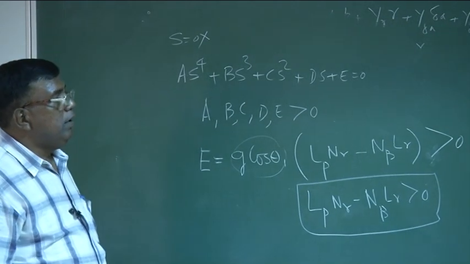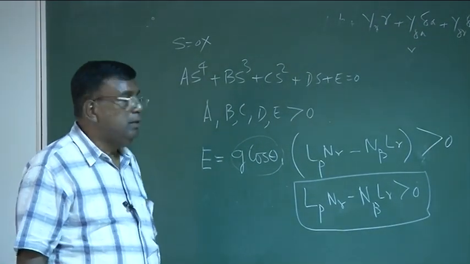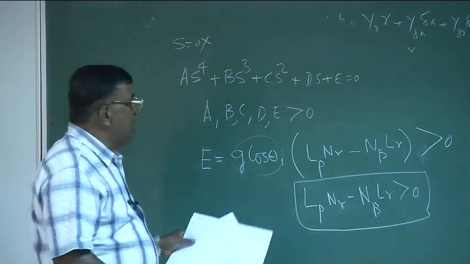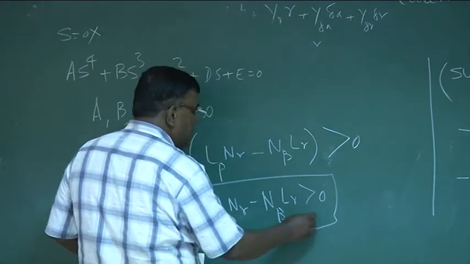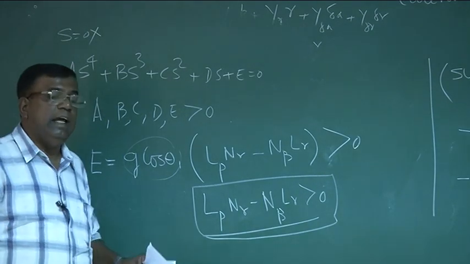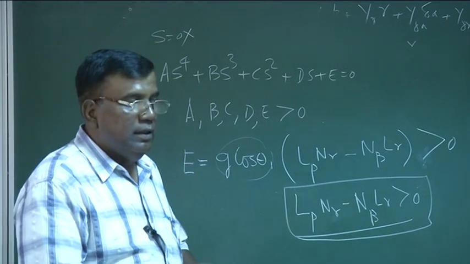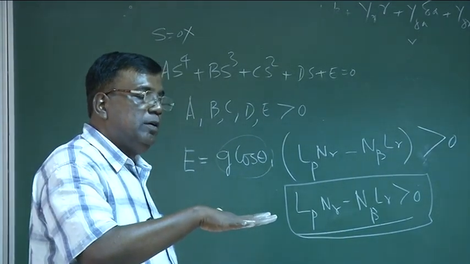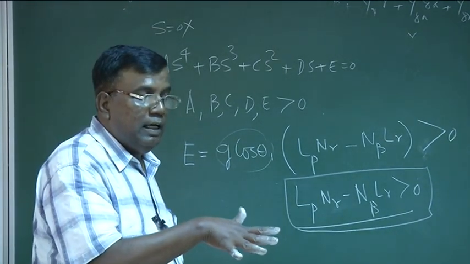As we have seen for the longitudinal case that E greater than 0 had a special meaning, in this case also E greater than 0 has a special meaning. If this condition is not satisfied, then the airplane is likely to go into spiral divergence. What is a spiral divergence? Suppose the airplane is like this, and because of some disturbance of bank, as it banks, it starts side slipping. As it side slips, it turns like this.